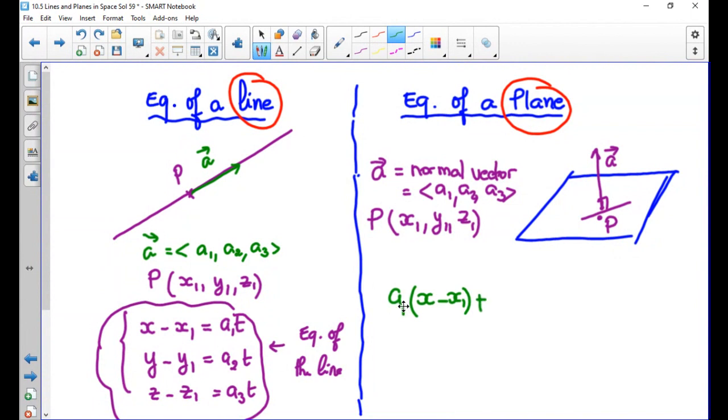So what I'm writing here is the equation of the plane. So A1 x minus x1 plus A2 y.